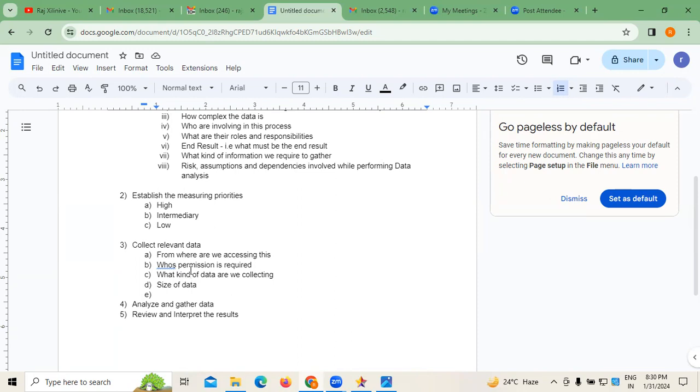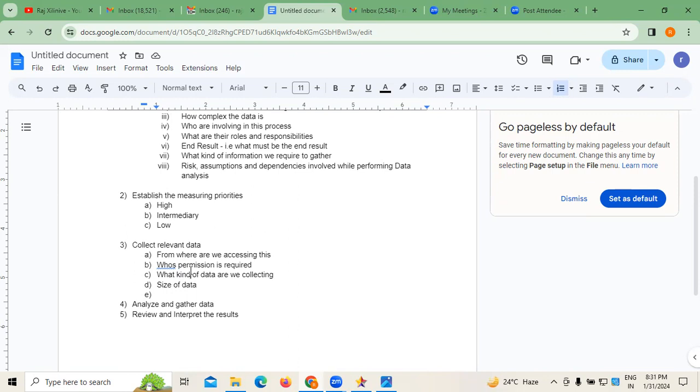Depending on the size of the data, whatever level of data analysis we want to make will be understood by us very clearly. This is where the size of data comes into the picture. How much data is available with us? This is all something we have to know.